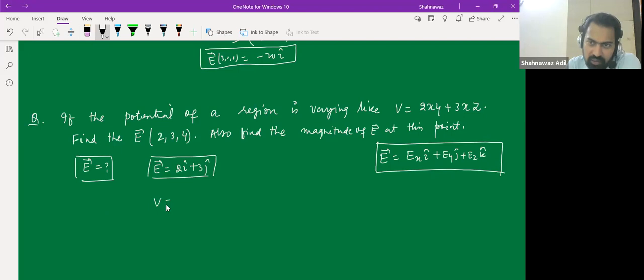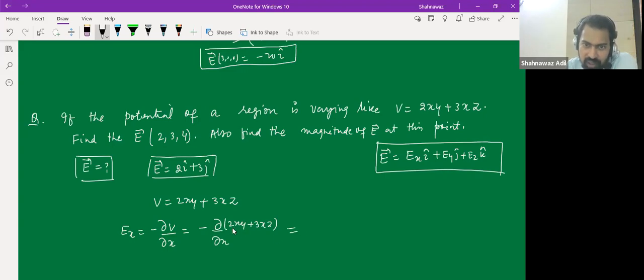So V is 2xy plus 3xz, right? So let us calculate Ex first. Ex would be minus dV by dx, right? So this would be minus of d by dx of 2xy plus 3xz. Remember, all the others are constant, only x is the variable.